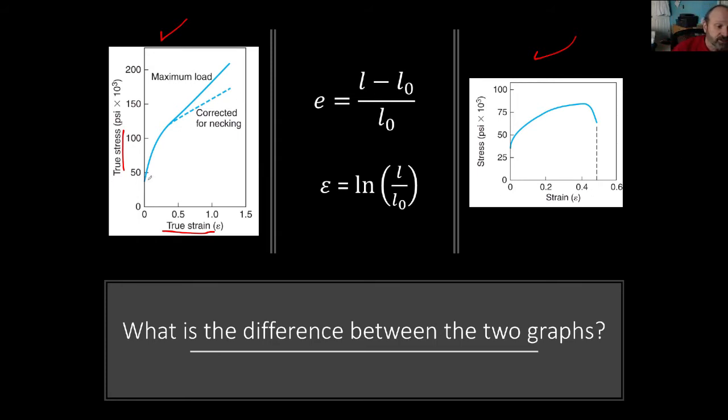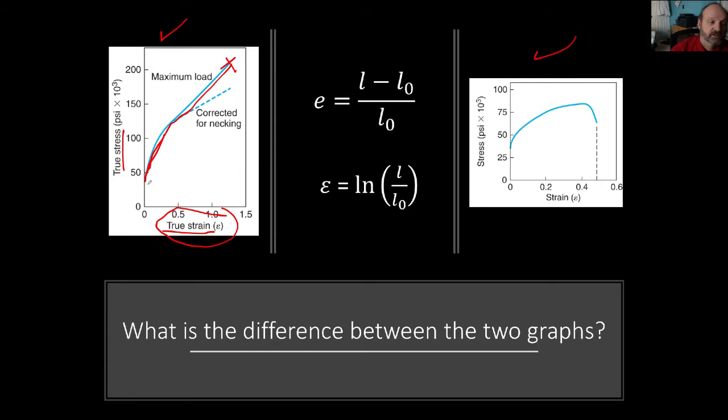And you can see what's happening here. You're pulling on the sample, so it's getting longer. The true strain is increasing as you pull on it, and then it curves over, and then it finally breaks.